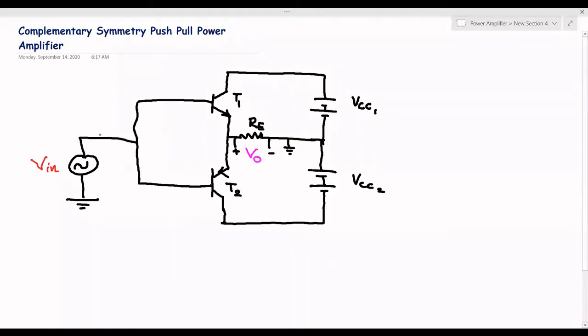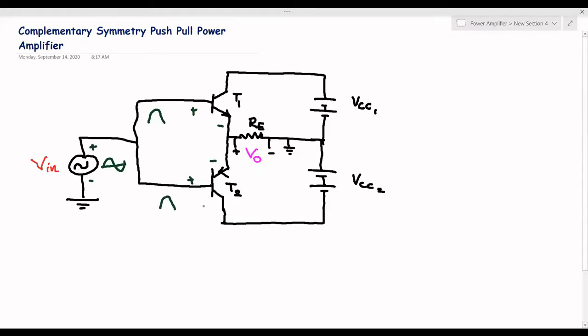Now, when the input signal is given to the amplifier, it comes simultaneously to the base of both T1 and T2. During the positive half cycle of the input AC, when Vin is becoming positive, that positive signal comes at the input of both T1 and T2 simultaneously. The base emitter of T1 becomes forward biased, whereas the base emitter of T2 becomes reverse biased.